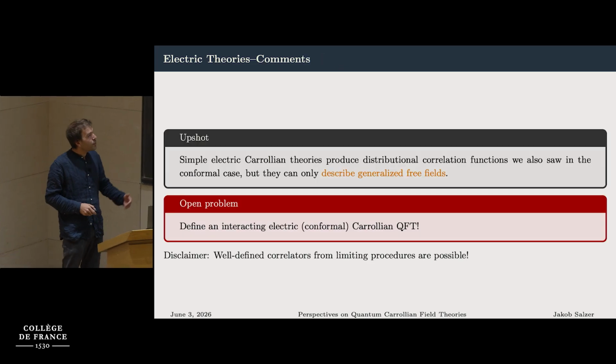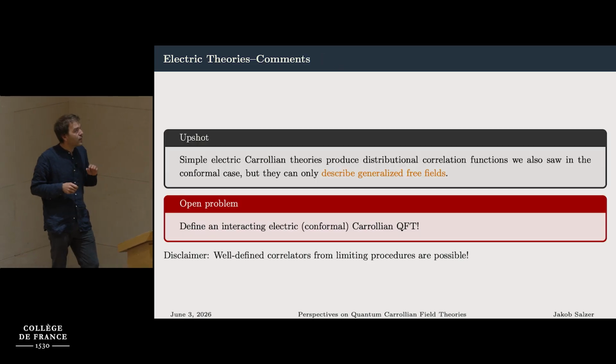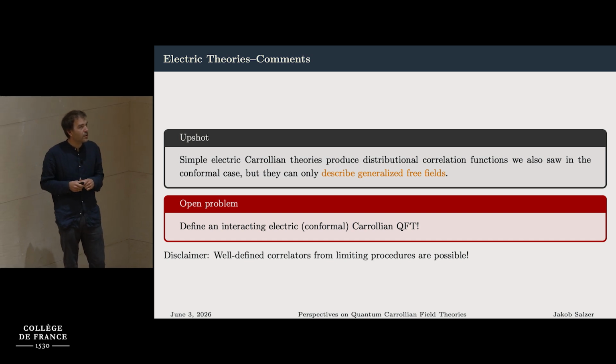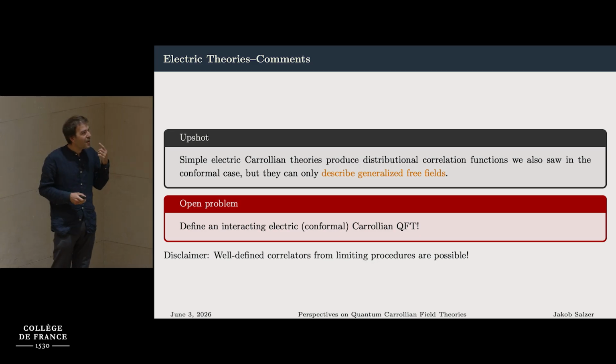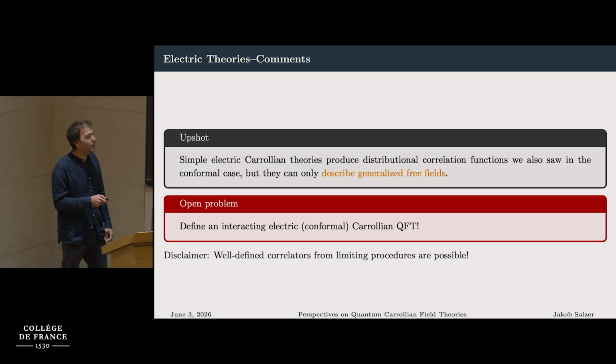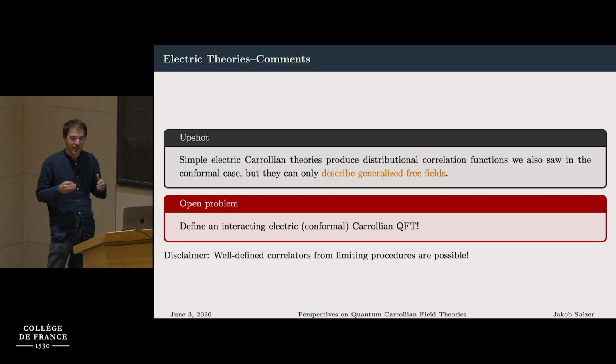So the upshot is this. Simple electric Carrollian theories produce distributional correlation functions that we also saw in the conformal case, corresponding to the scattering of hard particles, but they can only describe generalized free fields. What I mean by this is that the 2-point functions get corrected at each order in perturbation theory, but higher point functions are 0.